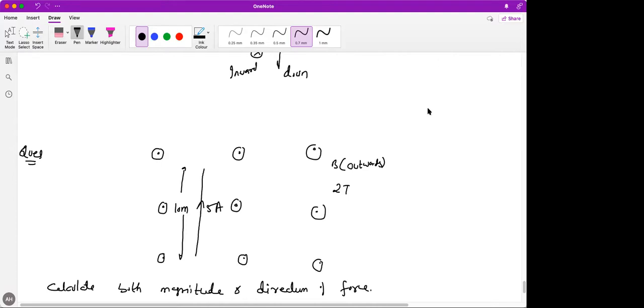No, Sania. Apply right hand thumb rule. It's wrong. Noor, magnitude is correct. What about the direction? No, Sania. You cannot guess the direction of magnetic force. You have to apply right hand thumb rule. You cannot predict it without applying the rule.